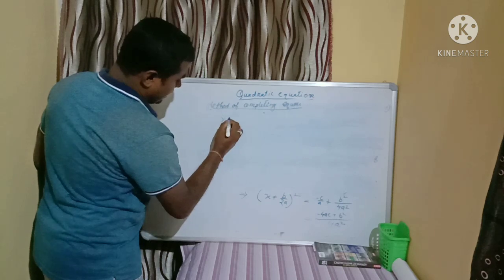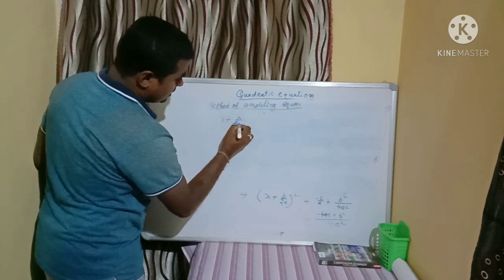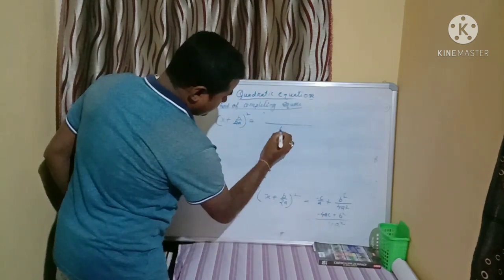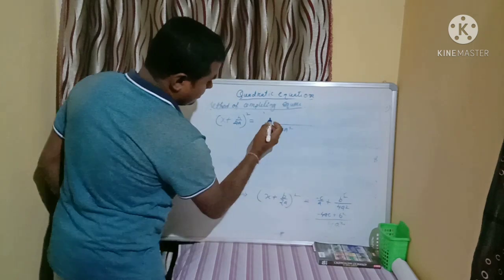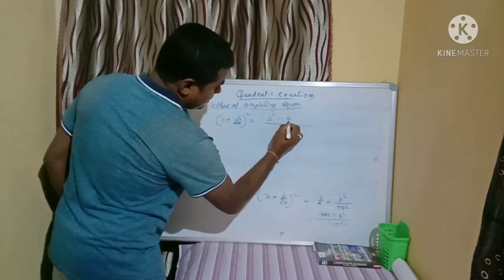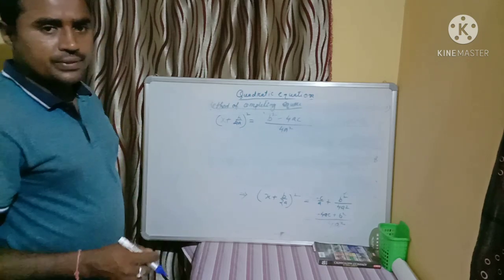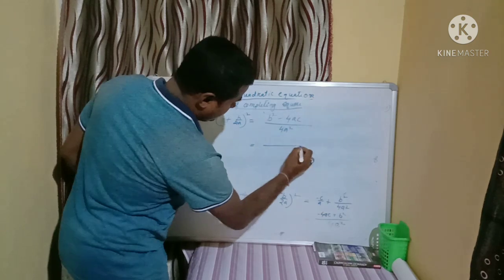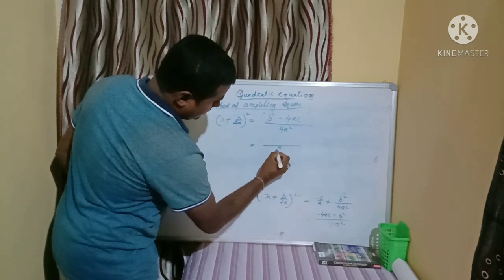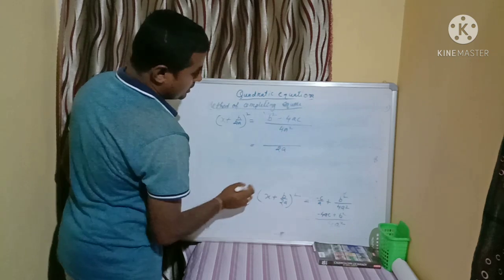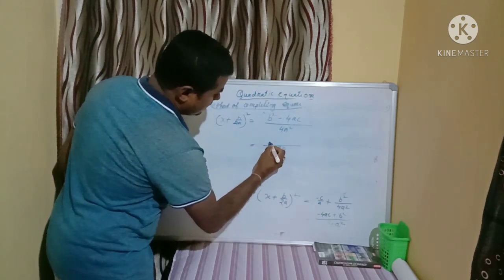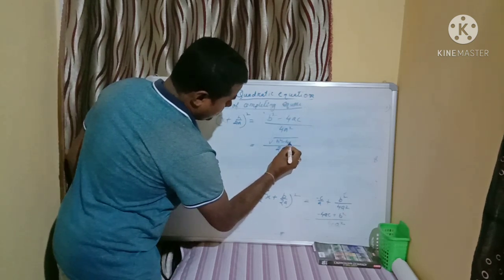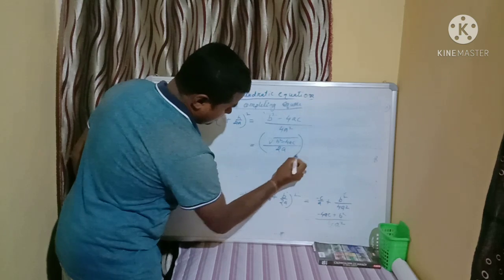Here you get x plus b by twice a whole square equal to, with denominator 4a square, and the numerator first b square minus 4ac. Now on the right hand side you make it a perfect square. 4a square can be written as twice a whole square, and b square minus 4ac is under the square root, b square minus 4ac.